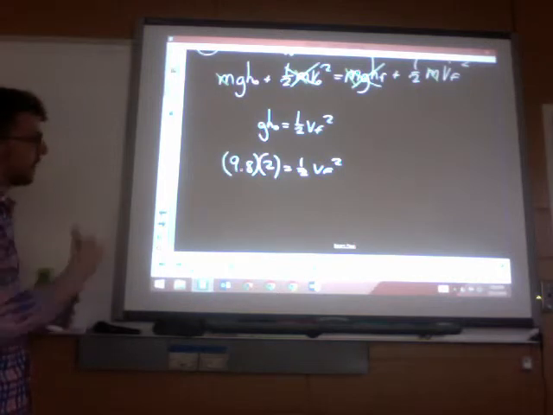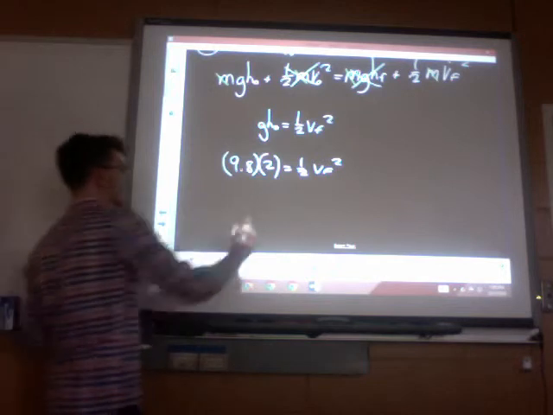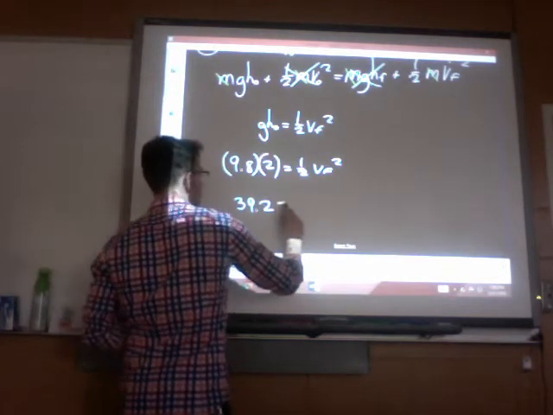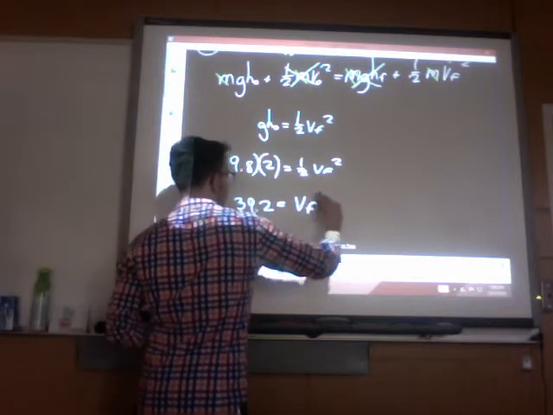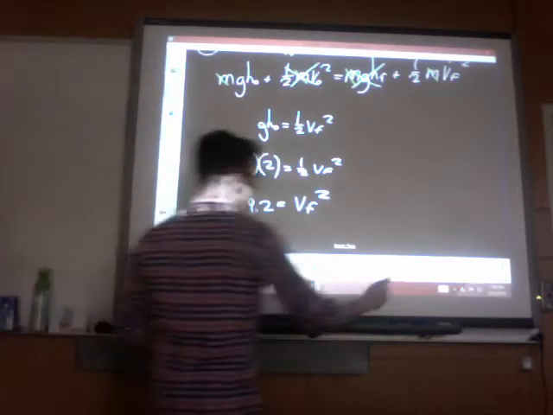We'll multiply both sides by 2 because that'll cancel out the 1/2. That'll leave us with 39.2, I think. Yeah. Equals VF squared. Square root it.